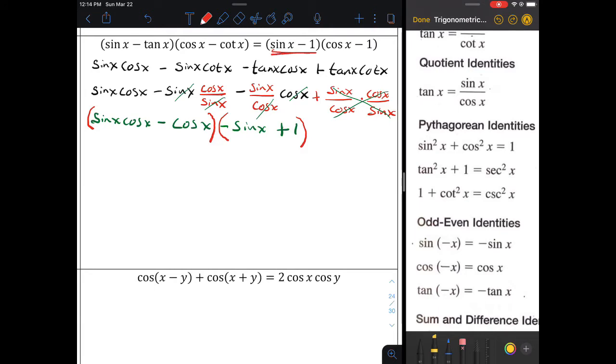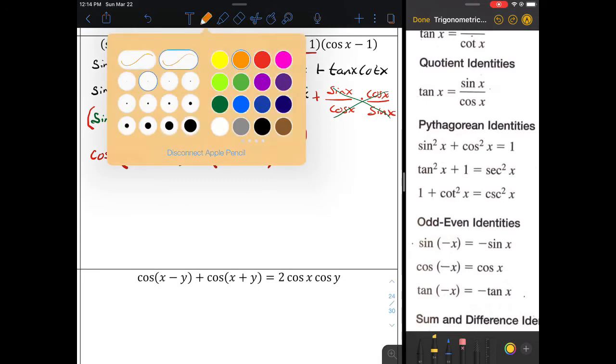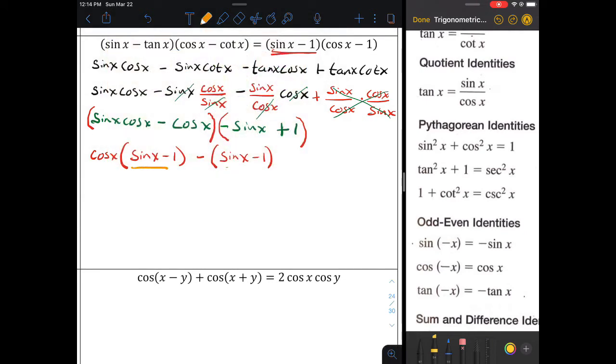We'll see what happens. I pull out the GCF here, and the first one gives me cosine of x times sine of x minus 1. Okay, pull a negative out. So pull negative 1 out. That will make sine of x minus 1 as well. Well, now from here, we have a common factor in both terms of sine of x minus 1.